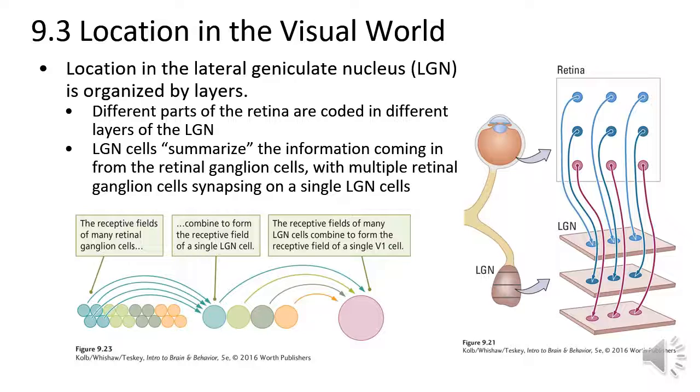So many retinal ganglion cells might synapse on a single LGN cell, and it kind of summarizes all that information. And this happens again in a single cell in the primary visual cortex. Many LGN cells synapse and summarize their information onto a single cell in the visual cortex.